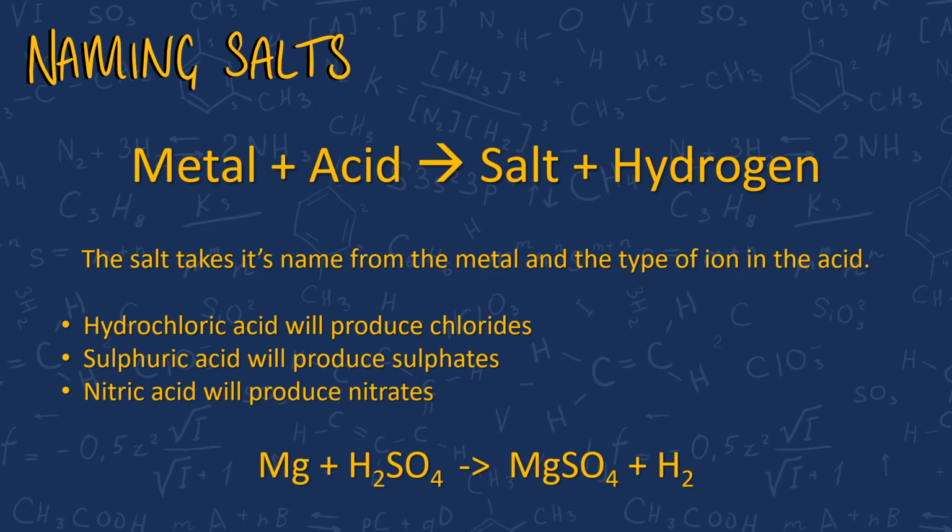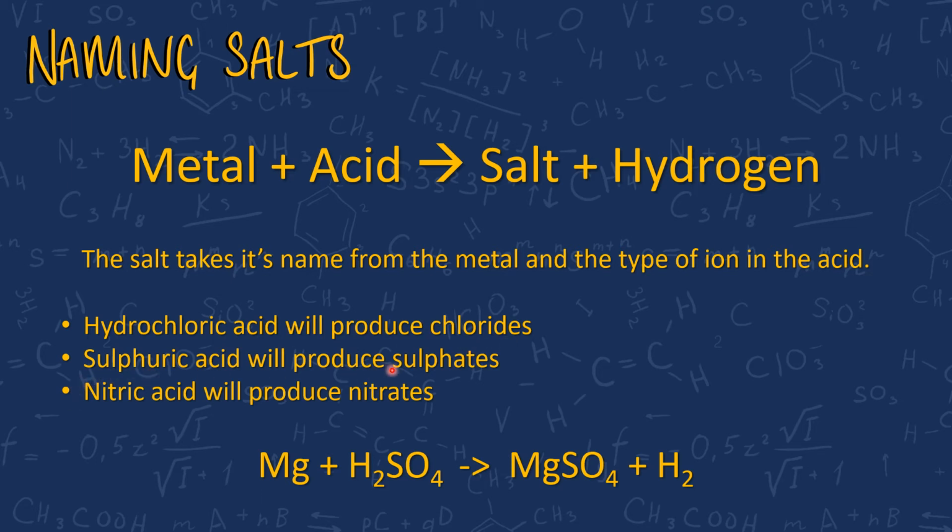Naming salts. So the salt takes its name from the metal and the type of acid added. Hydrochloric acid will produce chlorides.